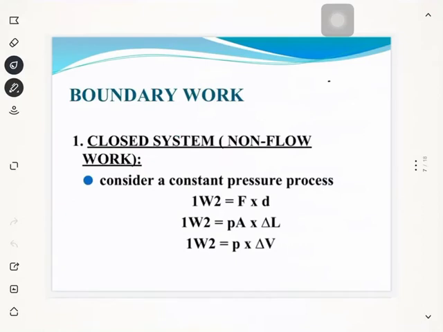We have this boundary work. Number one, we will consider the closed system, or the non-flow work.